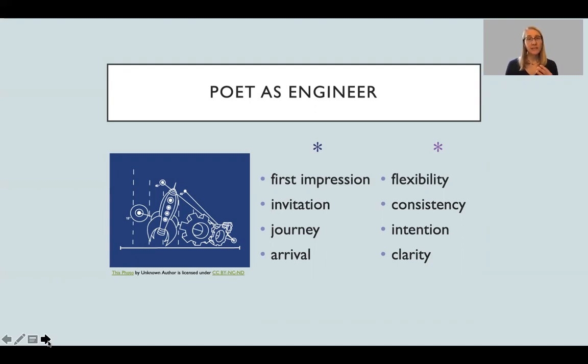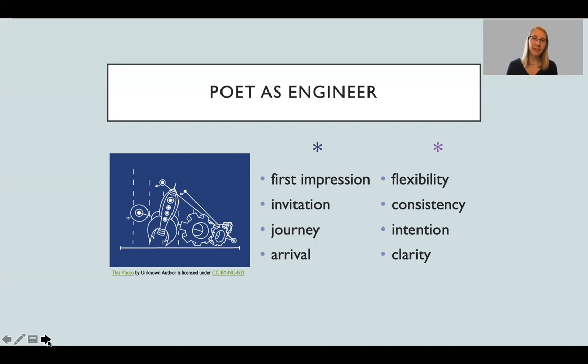As poets, we need to be flexible as we try to find the best form for our poems. We want to make sure that we're making consistent choices so that as the reader goes through the poem, every single moment feels intentional. If we've left out a piece of punctuation, there's a reason for it. If we've chosen to put one in when there might not be in other parts of the poem, there's a reason for that.